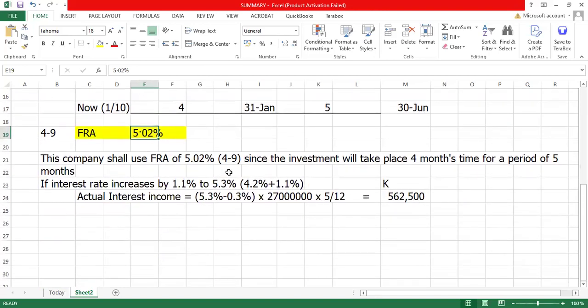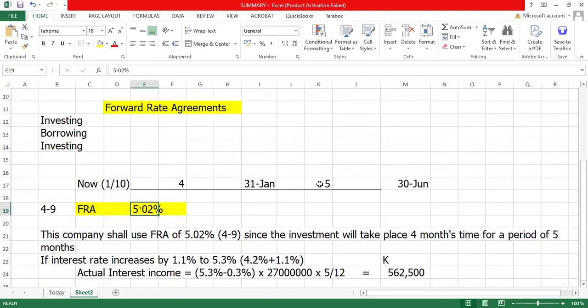If the rate increases to 5.3, who is benefiting? The investor.